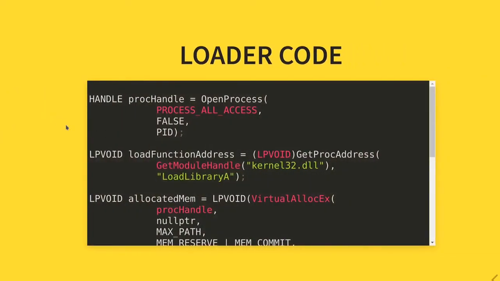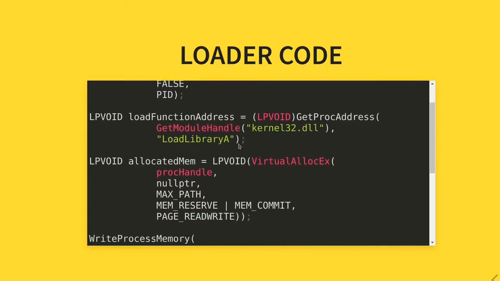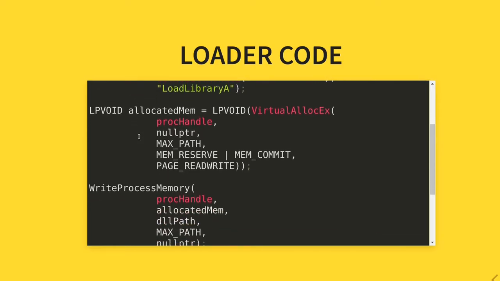I've created my own loader, which basically follows a standard technique called LoadLibrary. You open the game's process using its PID and you get a handle to it. You're getting the address of the LoadLibrary function inside of the kernel32 DLL and store it in this value.